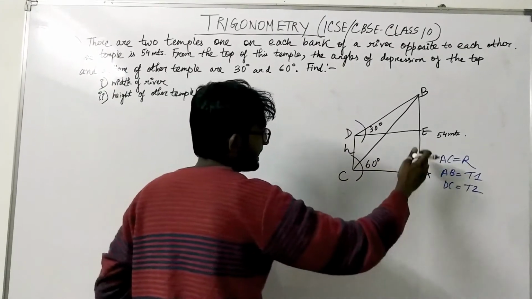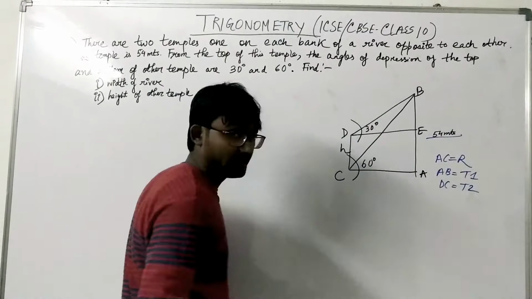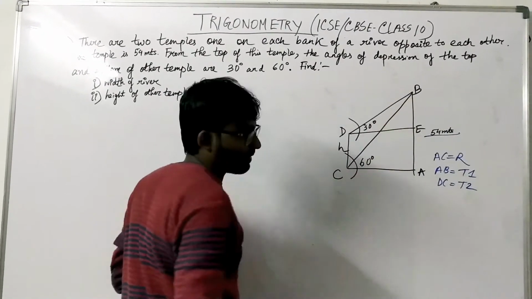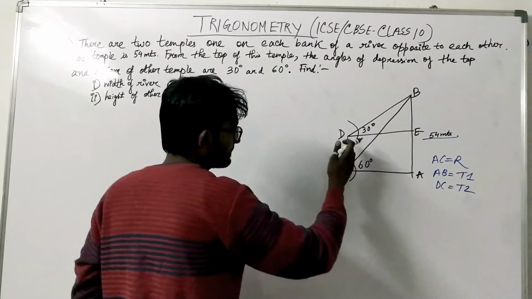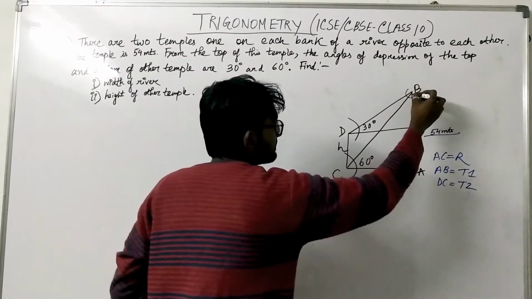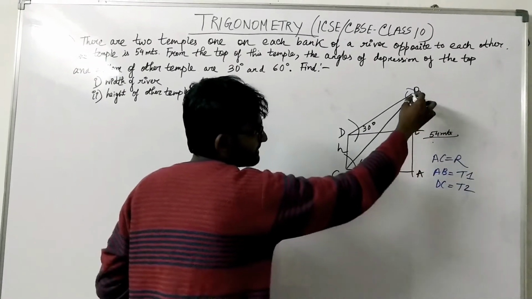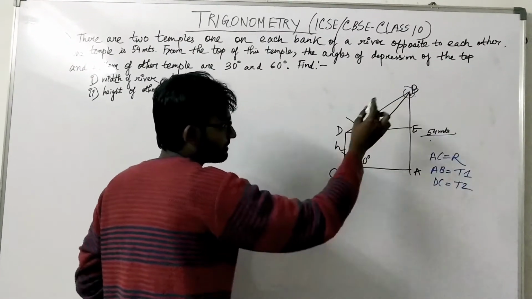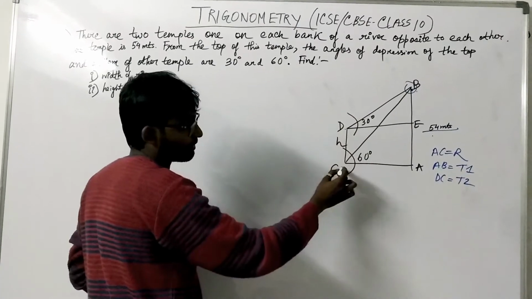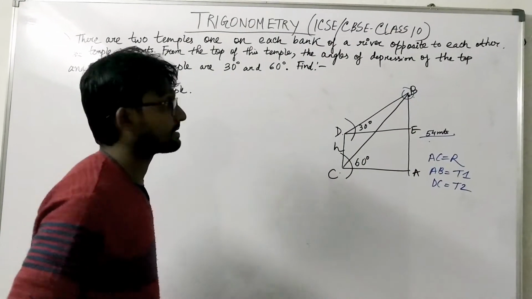So obviously AB, the temple with height 54 meters, is taller than CD, the second temple, because we are looking from the top of that temple to the top of the other temple and the bottom as well.